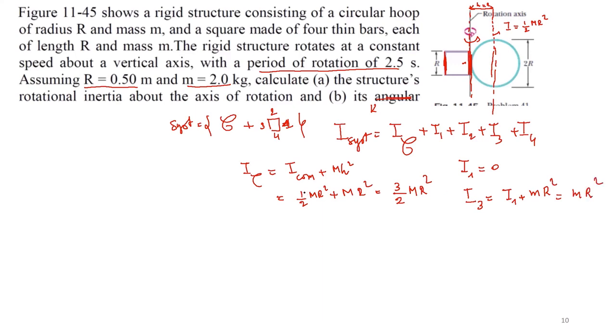Be careful here: I am putting capital M, but it's a lowercase m. So I1 is 0, and I3 is equal to mr squared. Now I2 is equal to I4. This is 2 and this is 4. What is the moment of inertia of 2 and 4 with respect to this axis of rotation? It should come very quickly.